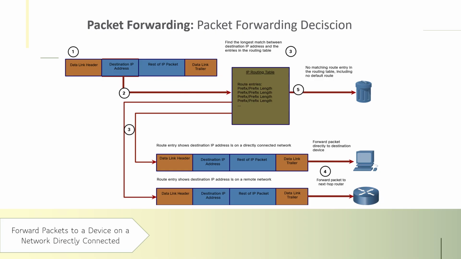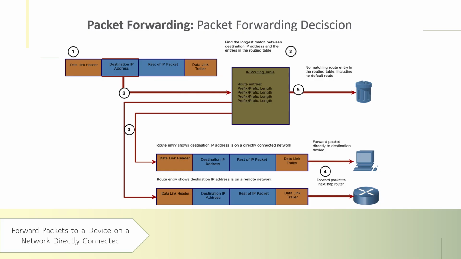If it is an IPv4 packet, the router checks its ARP table for the destination IPv4 address and an associated Ethernet MAC address. If there is no match, the router sends an ARP request. The destination device will return an ARP reply with its MAC address. The router can now forward the IPv4 packet in an Ethernet frame with the proper destination MAC address.